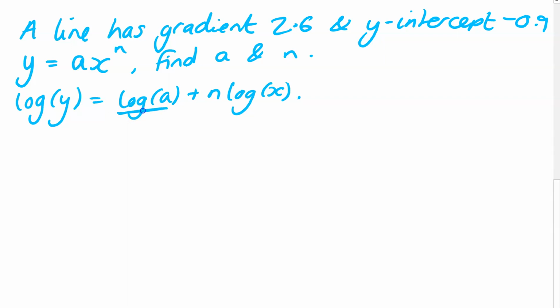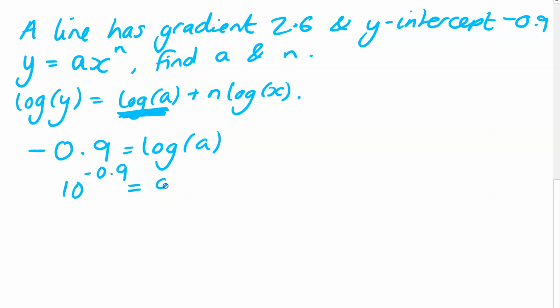So this here is our y-intercept. So negative 0.9 is log of a. We can do the same thing that we did before, so raise it. So 10 to the negative 0.9 is a, which is approximately 0.13.